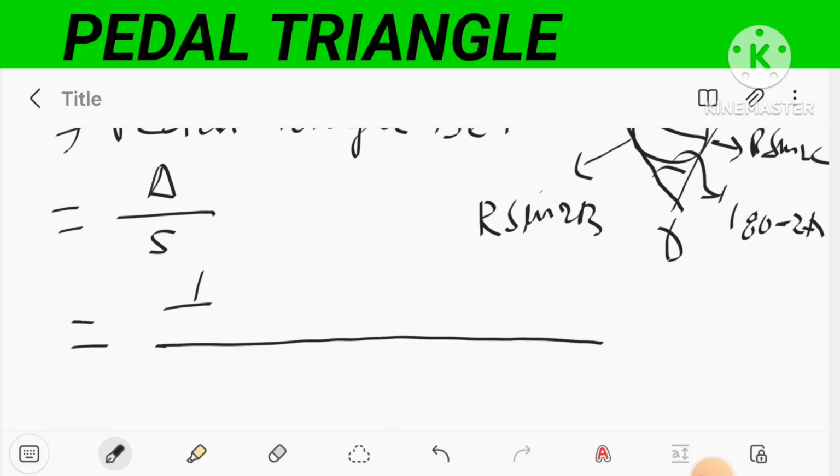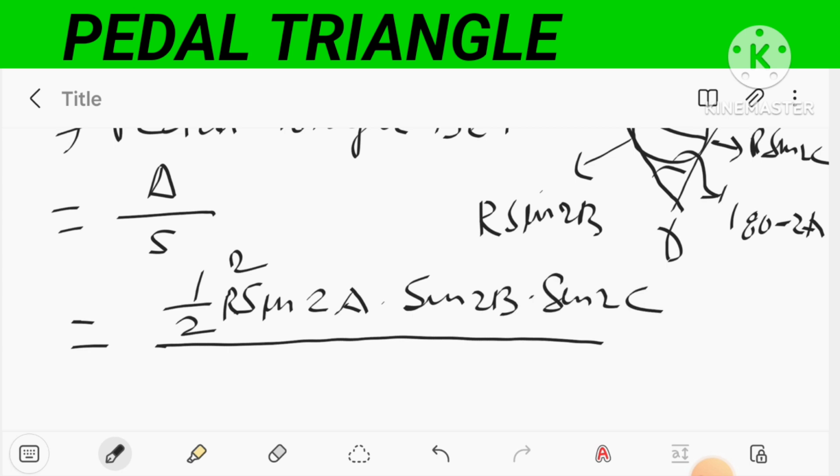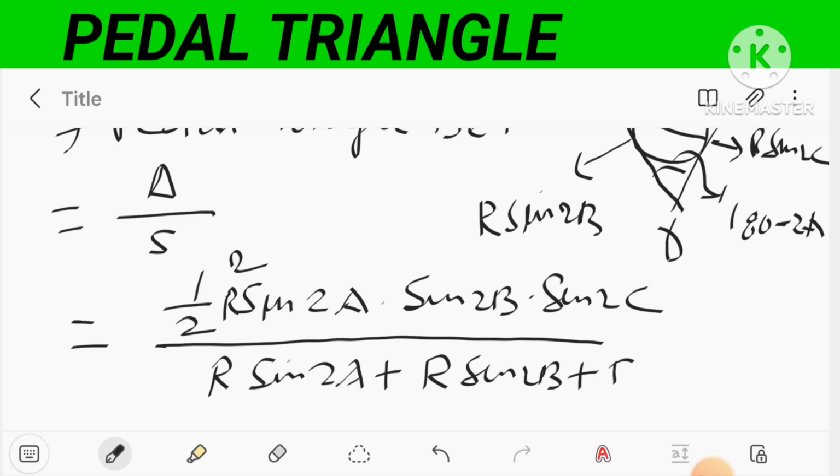Here we write the area as half R square sin 2A into sin 2B into sin 2C, and the semi-perimeter is equal to R sin 2A plus R sin 2B plus R sin 2C divided by 2.